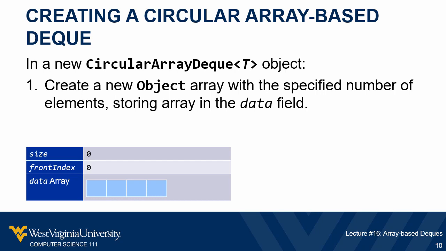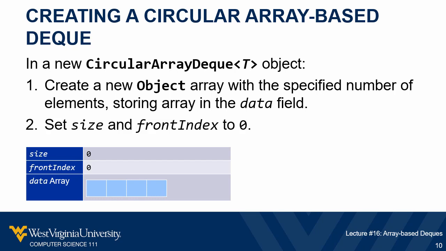We're going to store that array inside of the data field. We'll also want to make sure that we initialize both the size and front index fields to 0. Size is set to 0 because, at least initially, we don't have anything stored inside of our deck. Front index is set to 0 just because that will give us a reasonable starting place for things here.